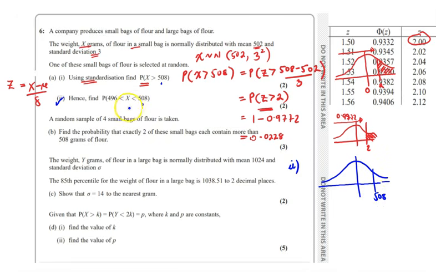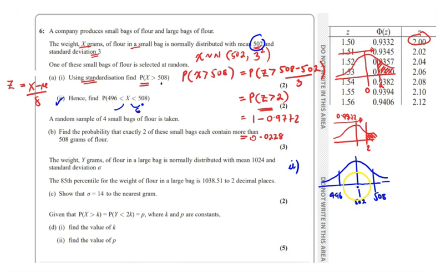If you're very keen here, you see that this value was 6 from the mean, which is 502. And this value also is 6 below the mean. That means we have 496, and the mean here is 502.